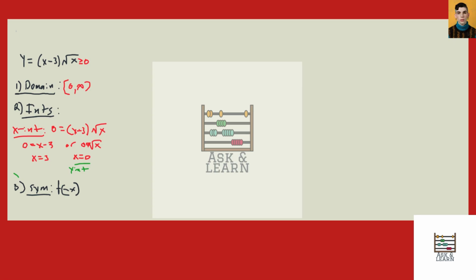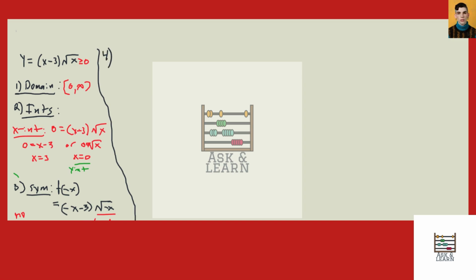But we run into the issue that when we do negative x minus 3, and then the square root of negative x, if I try to plug in like 1 or 2, this part here is going to be undefined for our domain. So we really won't have any symmetry, or at least no symmetry about the origin or the y-axis.